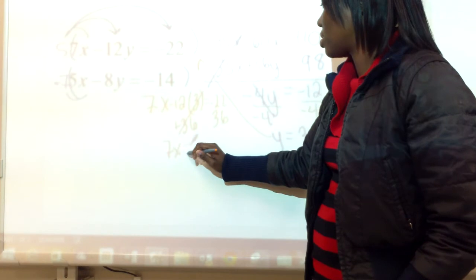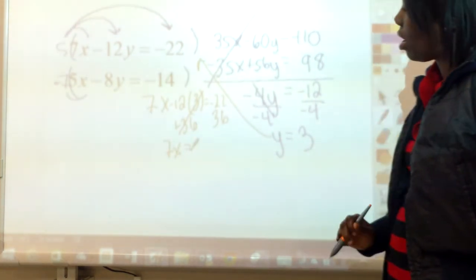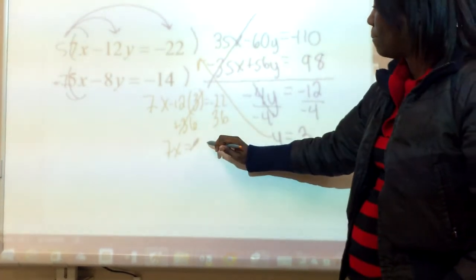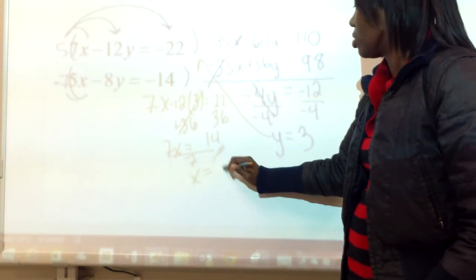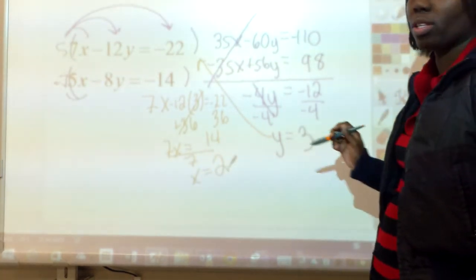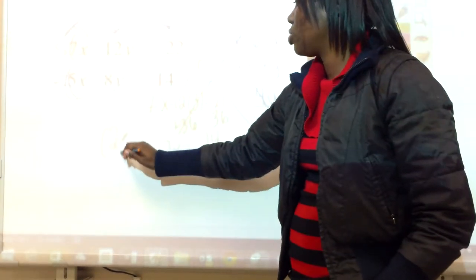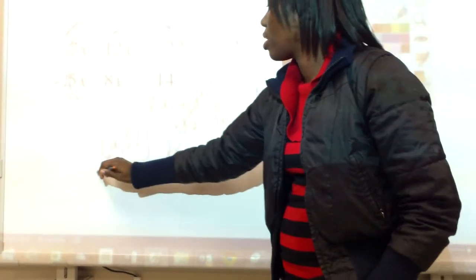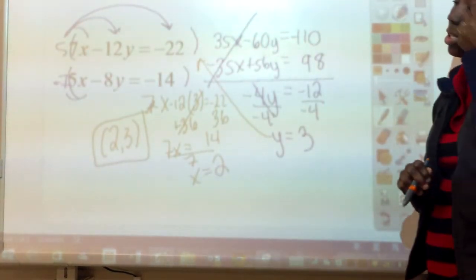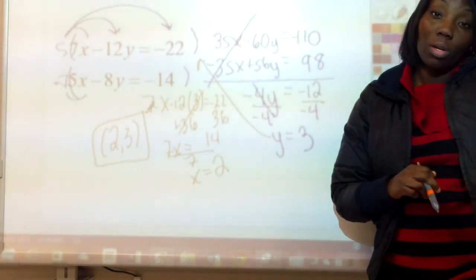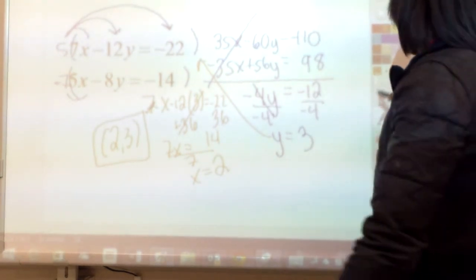We have 7x is equal to 14. Divide by 7, and x is equal to 2. And so these two systems cross at (2, 3). Any questions? If so, sorry, can't answer.